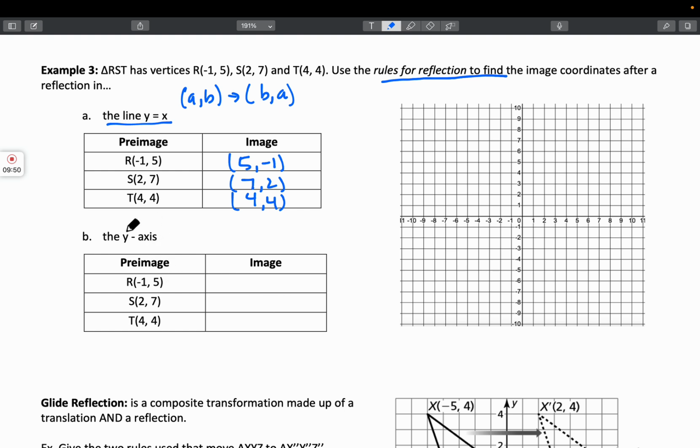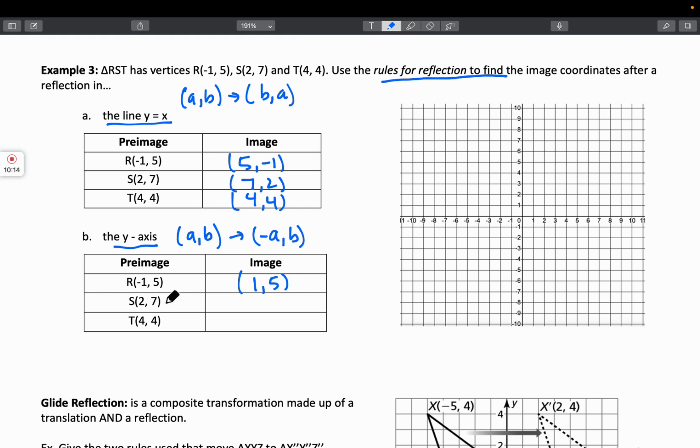Next up, we're going to find the coordinates of our image triangle after reflection in the y-axis. And remember our rule for that one. When you reflect in y, it changes the sign on the x-coordinate. So it goes to (-a, b). So R prime now is going to be (1, 5).